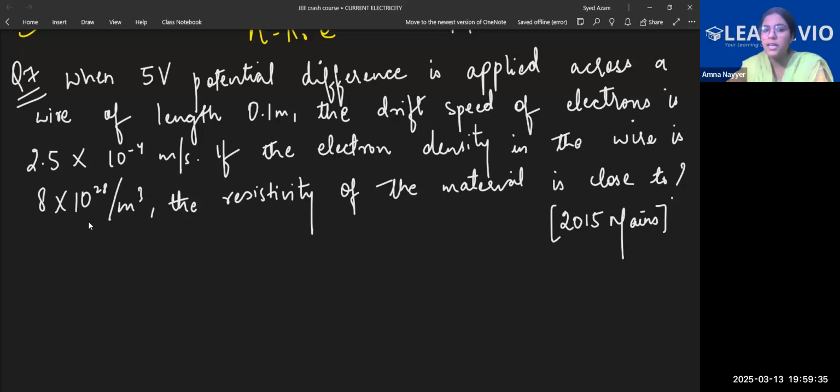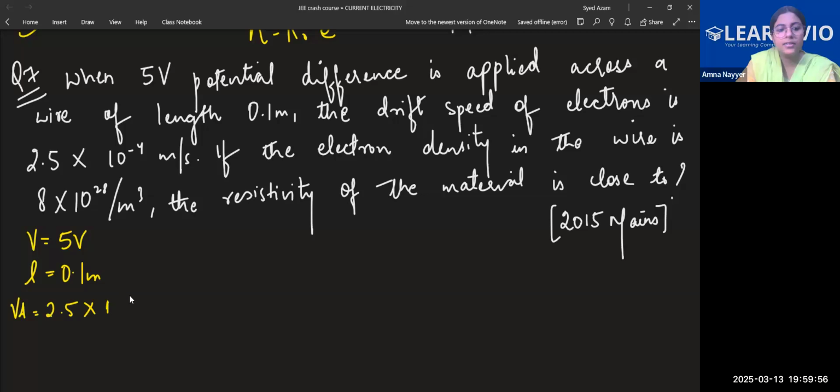See, the terms that are given are very simple. What all things we have? We have the potential, 5 volt. We have the length of the wire as 0.1 meters. Drift velocity is given as 2.5 into 10 to the power minus 4 meter per second.